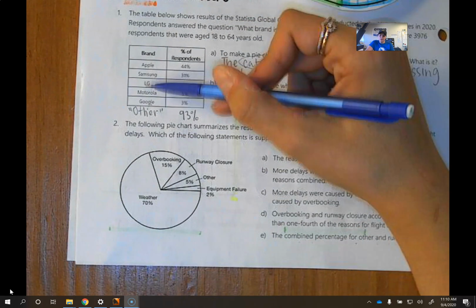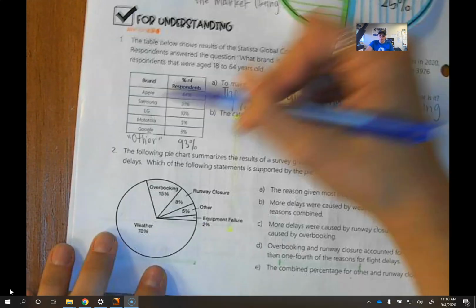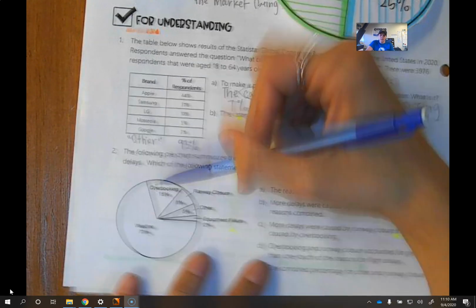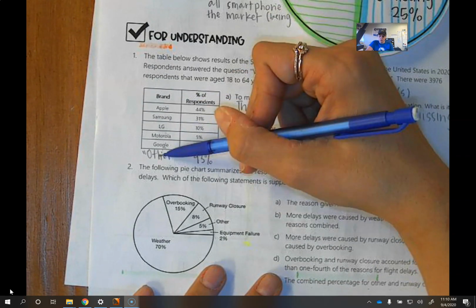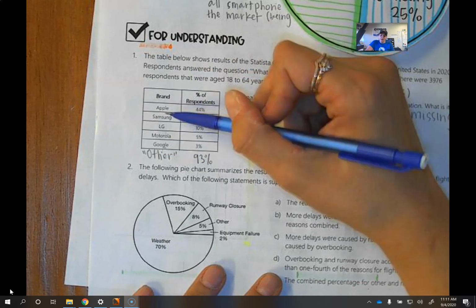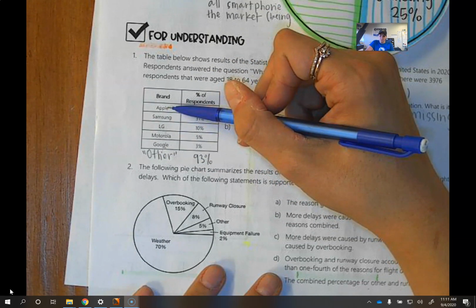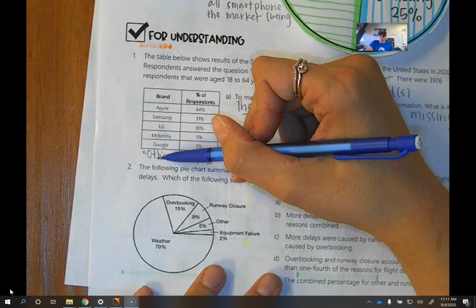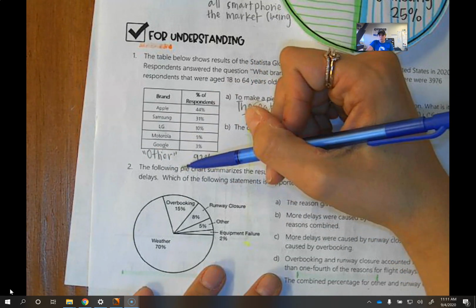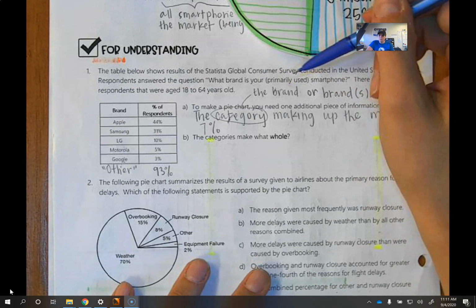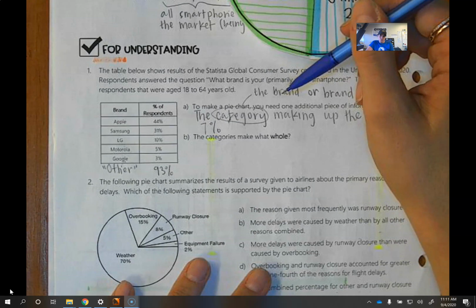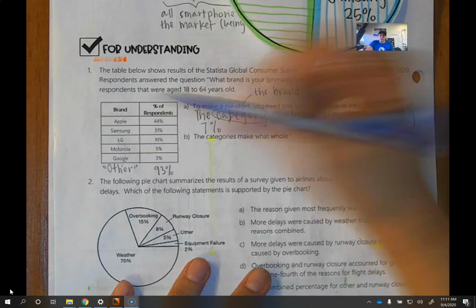Well, these categories aren't phones that are being sold. Like this brand isn't about phones being sold. This is about the brand that people use. But what people? All people? Did Statista send out a survey to every single person? No. So who is using these phones?